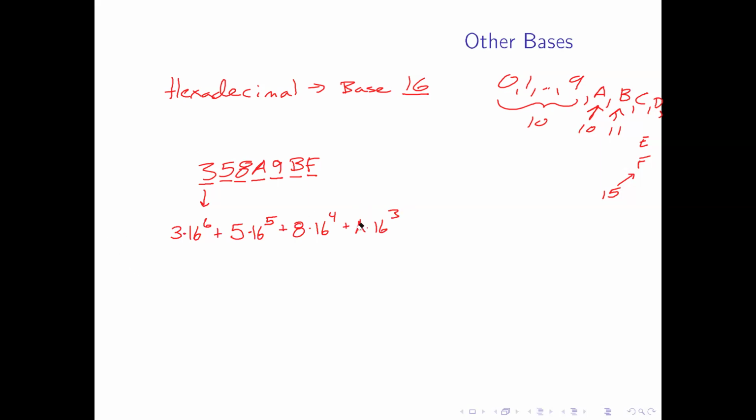So instead, we'll replace the A with a 10. And again, we'd have 9 times 16 squared plus B, which is 11 times 16 plus F, which is just 15. So this is the idea. And then we just have to do the calculations, raising to a power and going from there. That's actually how we get from hexadecimal to base 10.